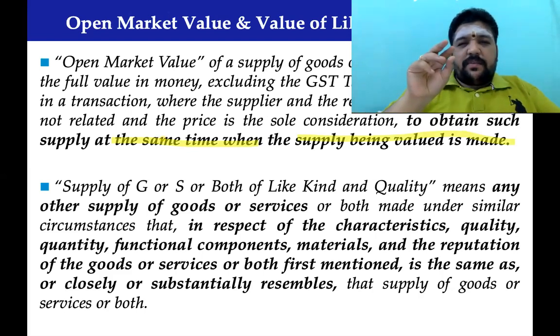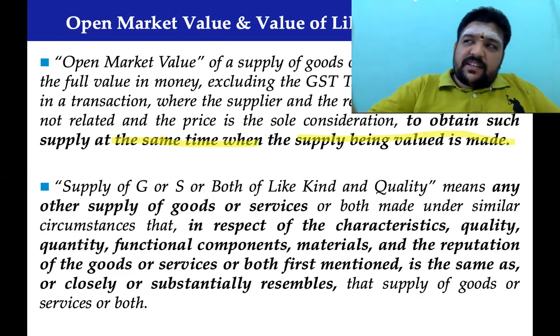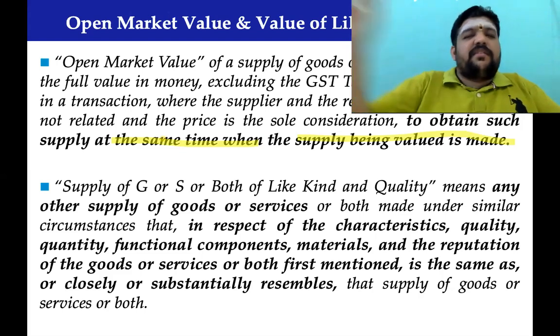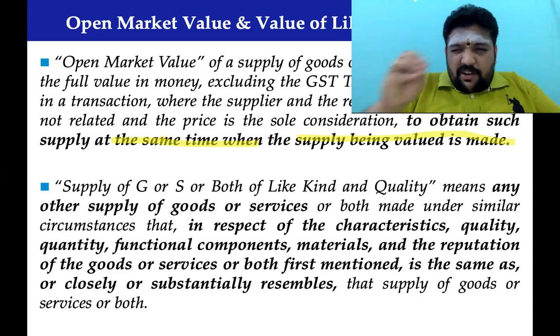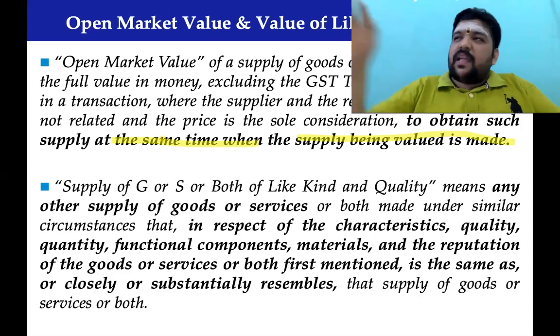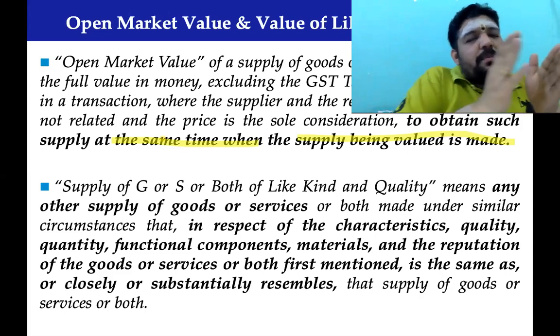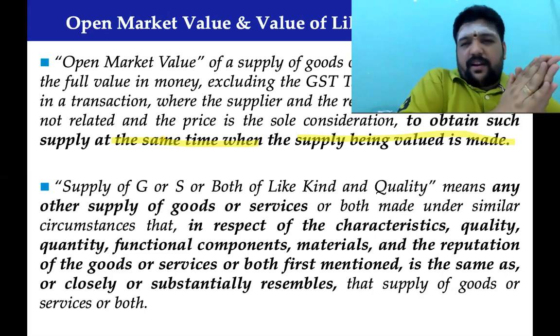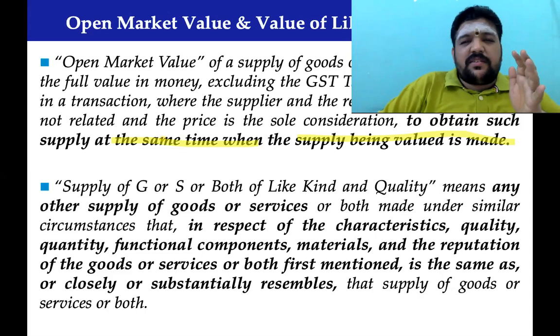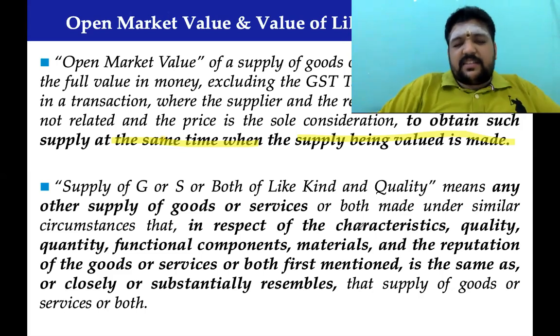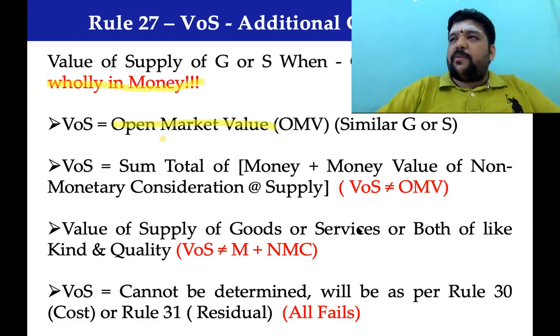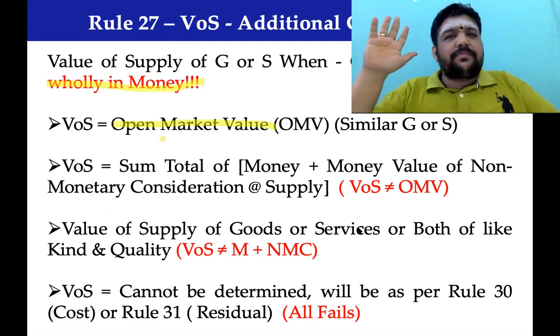Core discussion: if it is a transaction allowed under 15.1, which happens at or about the same time, that transaction price will be accepted for the subsequent transaction. Now you are selling this laptop to somebody else.